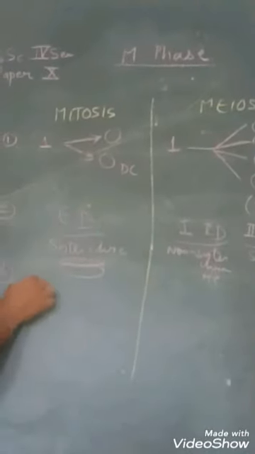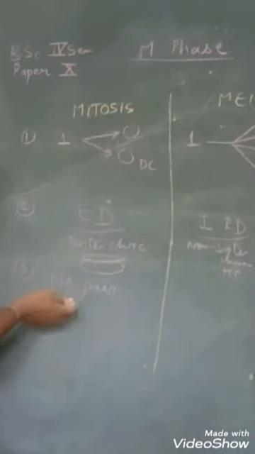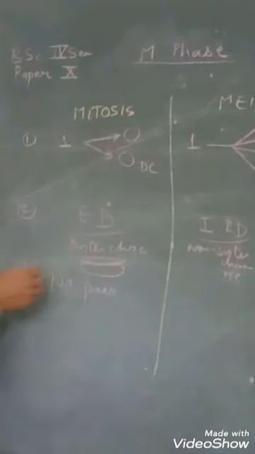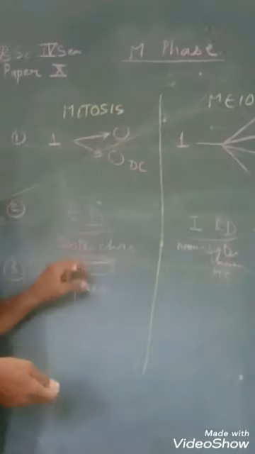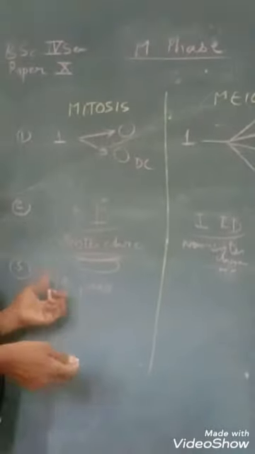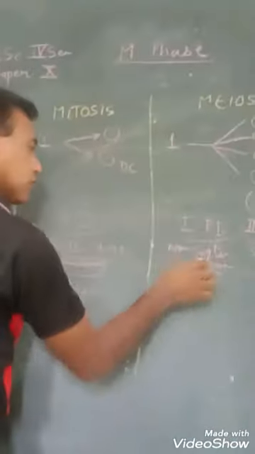Now the third point of difference is no pairing in mitosis. It is pairing which may be responsible for recombination. It is not necessary that after pairing recombination takes place, so it may or may not lead to recombination.